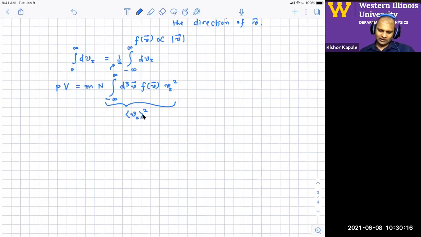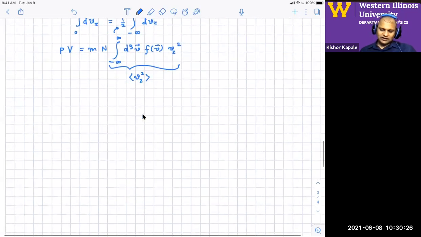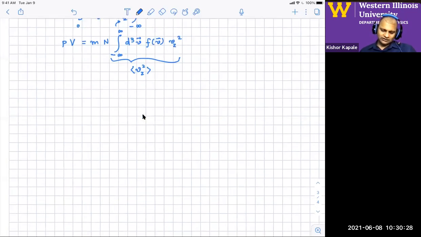Sorry, I did not write that correctly. It should be the average of vz squared. Everybody with me on that? Okay, that's just the definition. That's how you write it down. It's a notational thing, and this value, in this particular case, because of the directional independence, would be the same as vy squared or vx squared. They all would have exactly the same value.